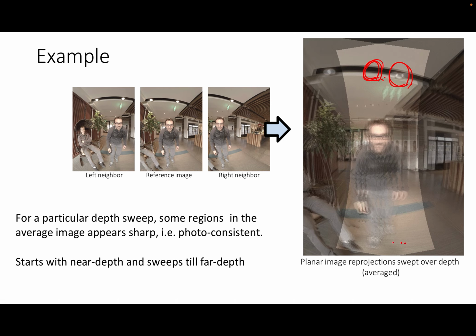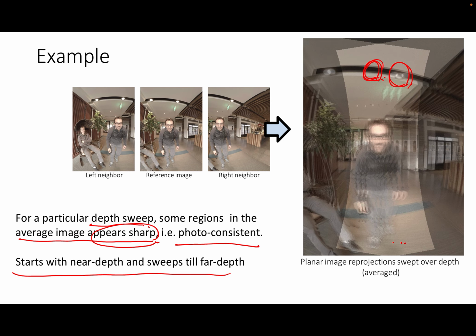So this shows that for a particular depth sweep, some regions in the average image appear sharp. Appearing sharp means photo consistent, because the distance between the reprojected one and the original data is very small, so although we perform averaging, they look consistent and sharp. But if the distance between reprojected and original pixel is very long, then they produce a blurry averaged visualization, right?